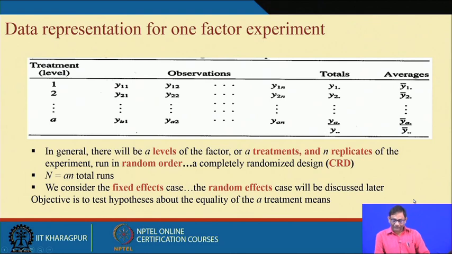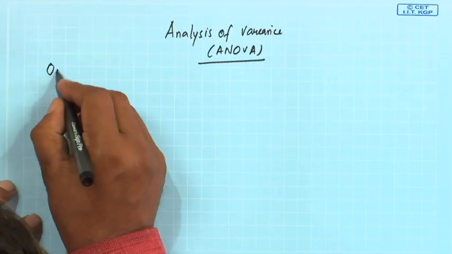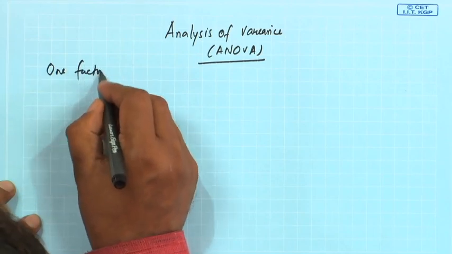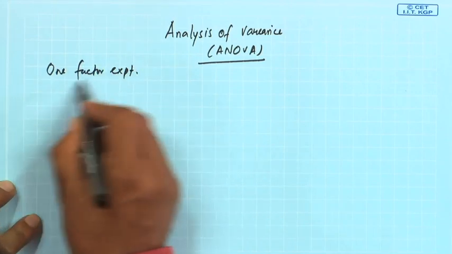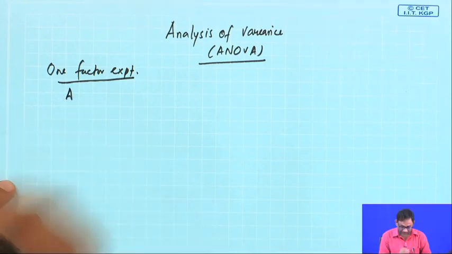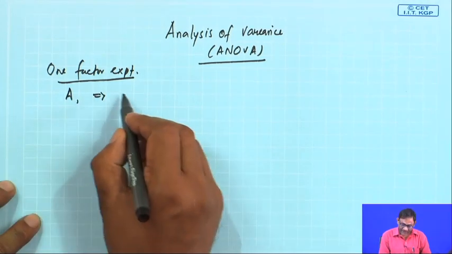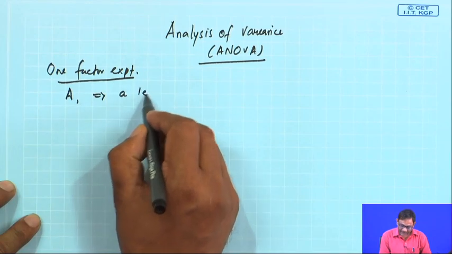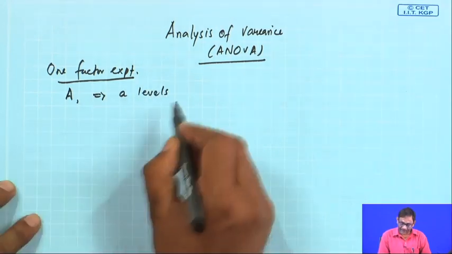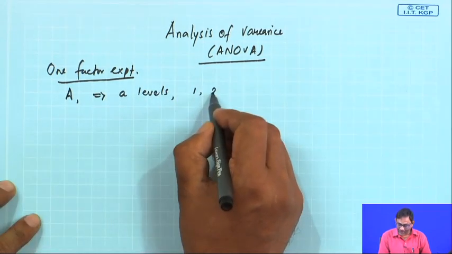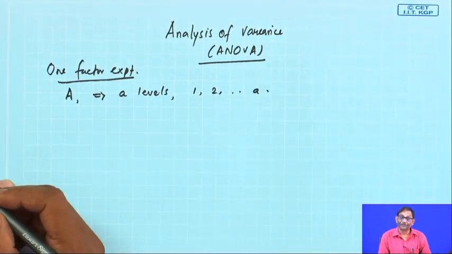So, essentially if there is a one factor experiment, let the factor be denoted by A, then this factor has a levels: level 1, level 2, up to level a.